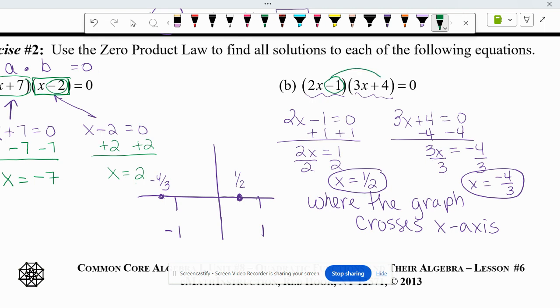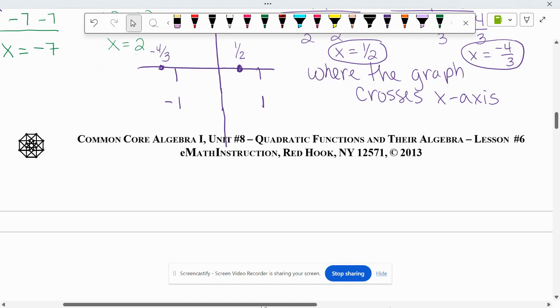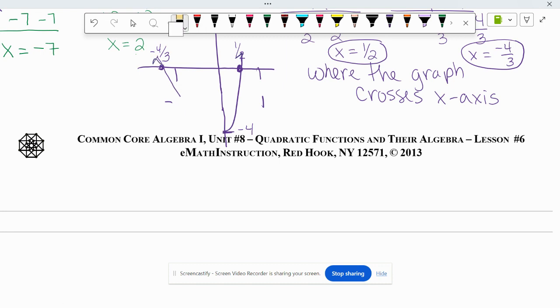At C, which is these two numbers. What is negative 1 times 4? It's negative 4, so that's my y-intercept. So if this is negative 4, this graph looks like this. It's a down and dirty sketch. Let me extend it a little bit.